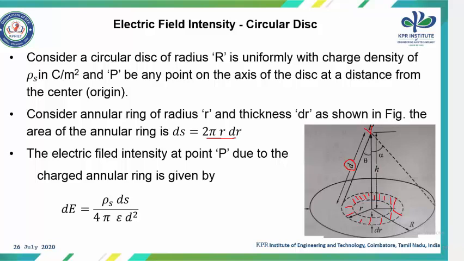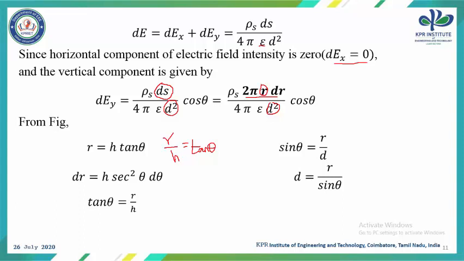Opposite by adjacent. This is theta, the opposite is r, and the adjacent side is the height, which is equal to h. Therefore tan theta equal to r by h. Now r equal to h into tan theta. Now differentiate this side with r, and the other side with theta. So this side is dr, h is kept as h, and for tan theta the differentiation is secant squared theta into d theta.